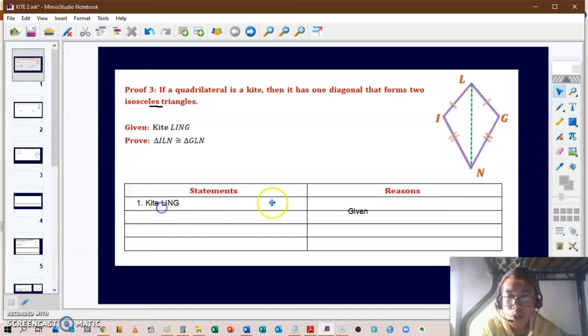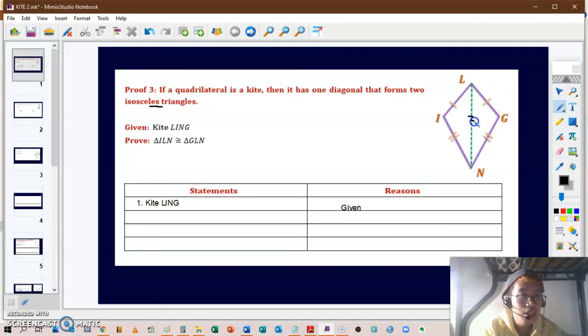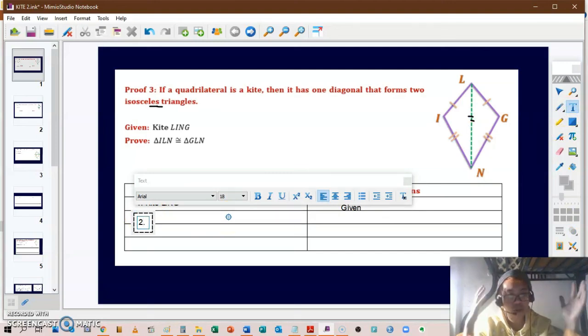And number 2, our second statement could be, since we're proving ILN and GLN, we can go right ahead with this side. Since the reflexive property of equality is our best friend when we're doing two-column proofs, we can write here that LN is congruent to LN.